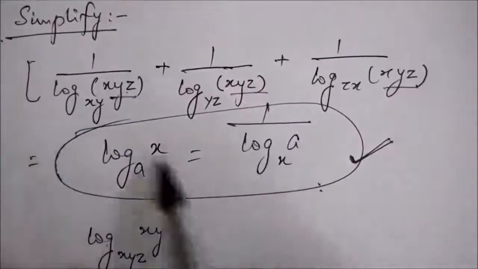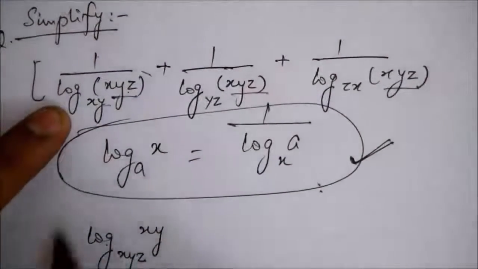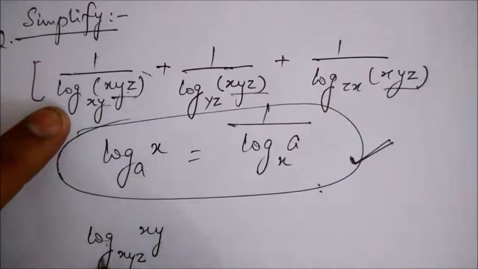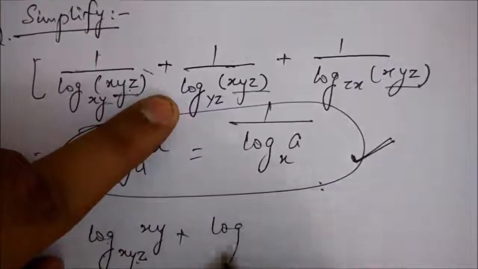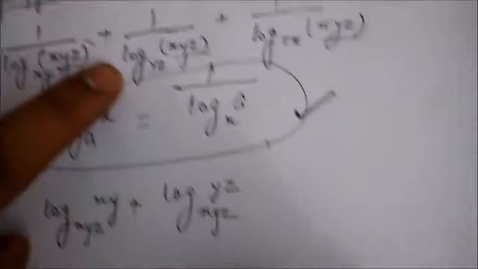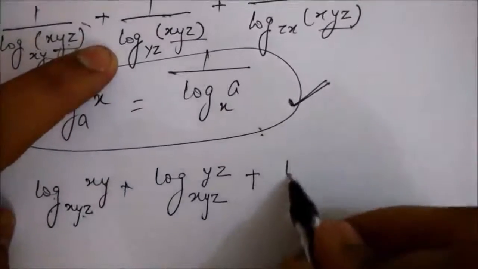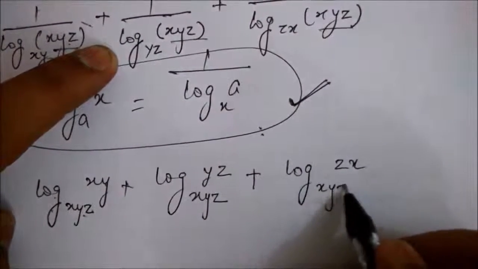Since it was already given in the denominator, I took the reciprocal and the final computed value will be log xy to the base xyz. Now for this it will be log yz to the base xyz. And for the third one, it will be log zx to the base xyz.